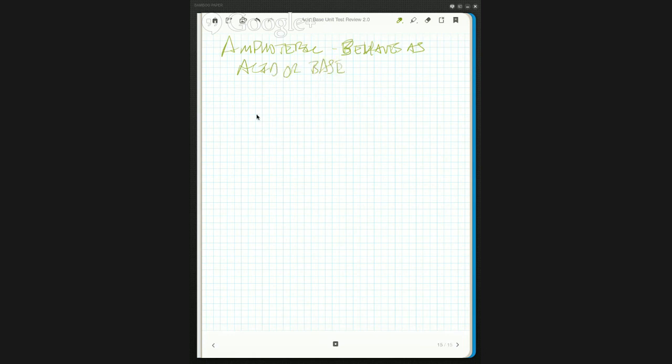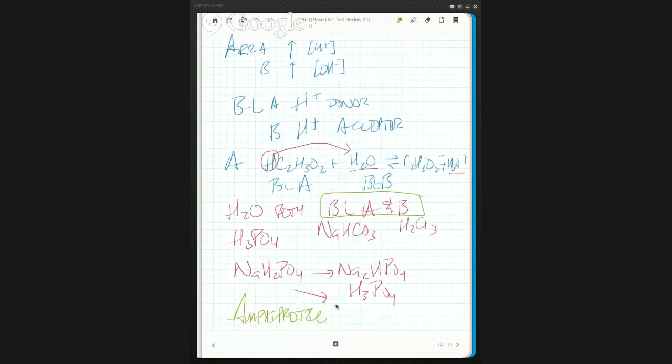So these are also amphoteric because they're behaving as acids and behaving as bases. Quite frequently, amphiprotic and amphoteric mean the same thing. There are some examples where it's amphoteric but not amphiprotic, but at this very moment I can't think of them. They don't pop up very often, but you're going to see those terms used, and I just want you to be familiar with them so you're not confused.